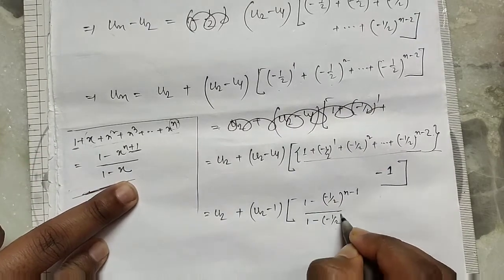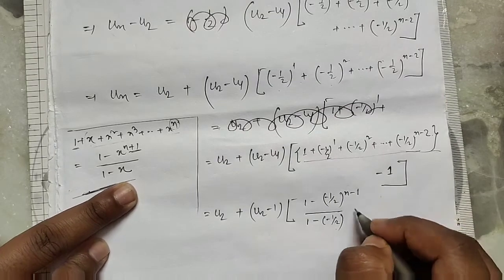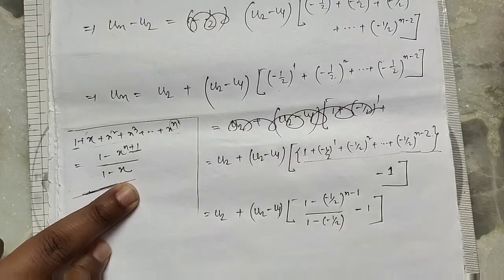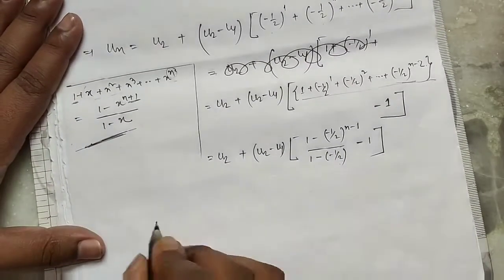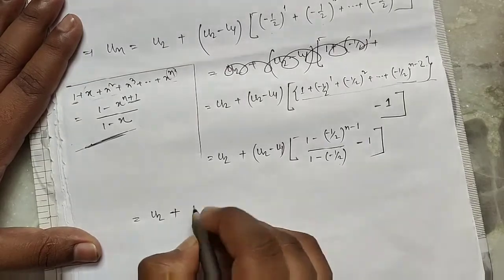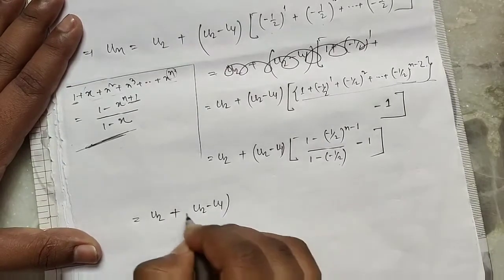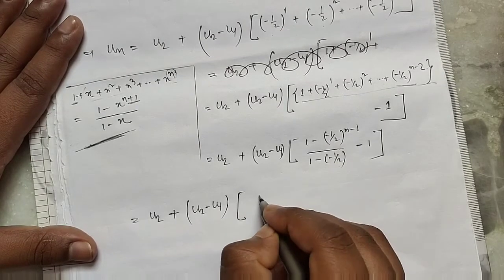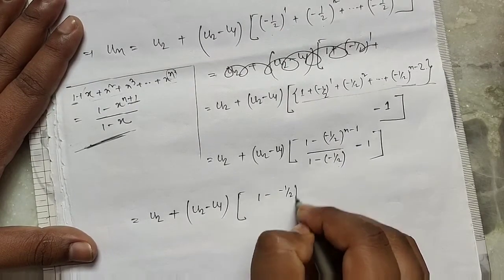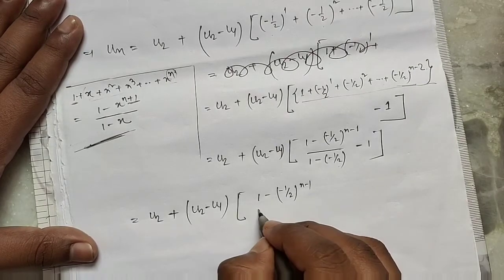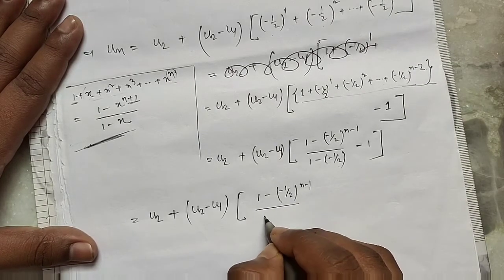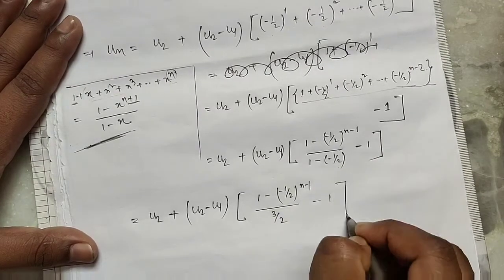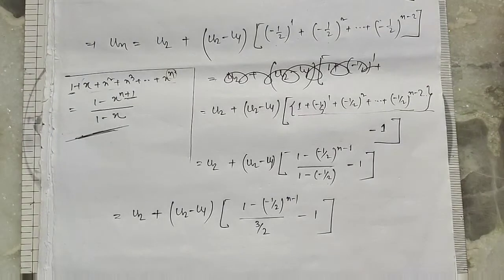Here x is minus half, so 1 minus minus half, minus 1. Clear? u2 minus u1, sorry. So this implies u2 plus (u2 minus u1) into [(1 minus minus half whole to the power n minus 1) by (1 plus half, that is 3 by 2) minus 1]. Clear?